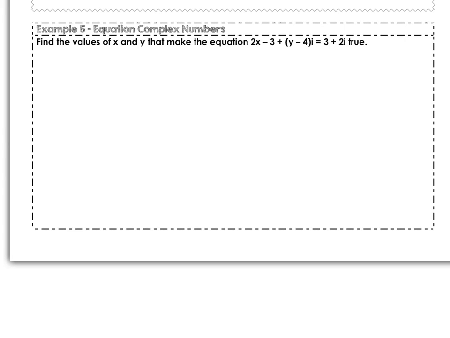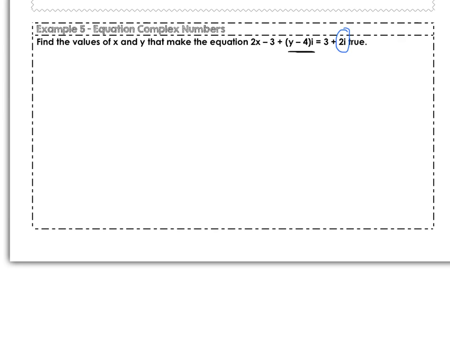Now, let's look at a little bit more of a complex equation involving complex numbers, where I'm trying to find the values of x and y that make this equation true. There are many ways of looking at this problem. Notice that this quantity of y minus 4, that's the only part that's going to be equal to the imaginary component of this equation.